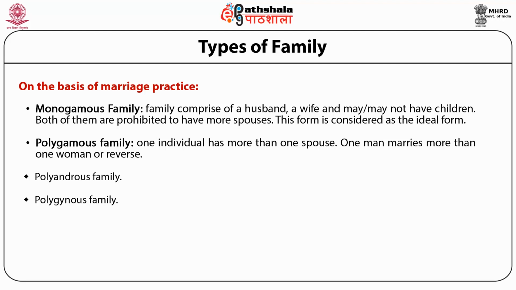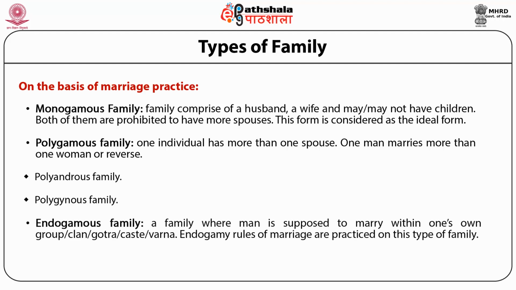Then comes the endogamous family, a family where a man is supposed to marry within one's own group, clan, gotra, caste, or varna. Endogamy rules of marriage are practiced in this type of family. Example, in Kerala, among the Muslims and Christians, it is necessary to marry within one's group.